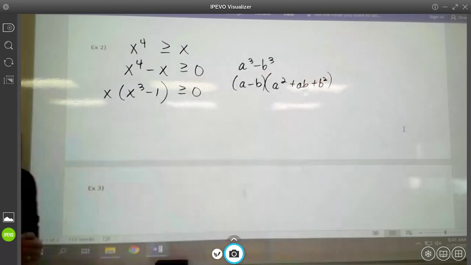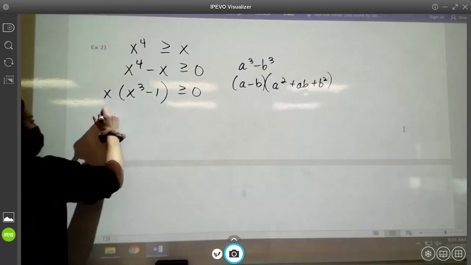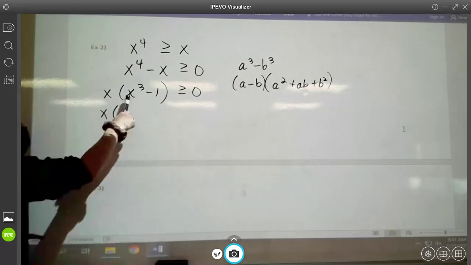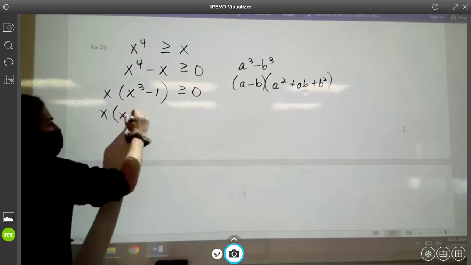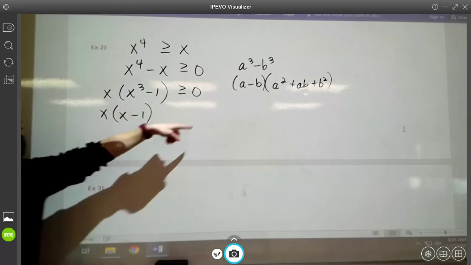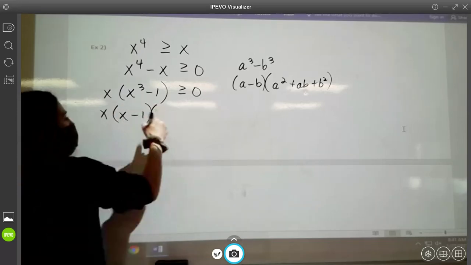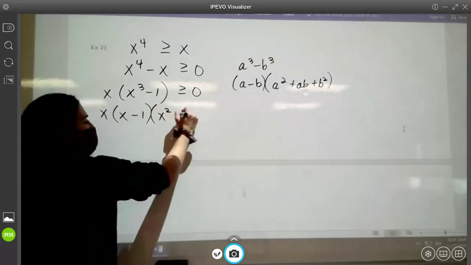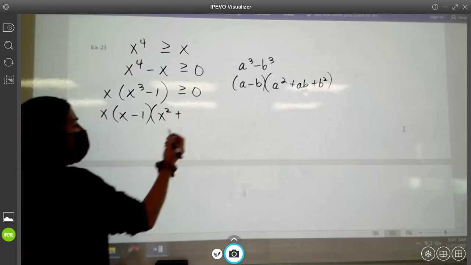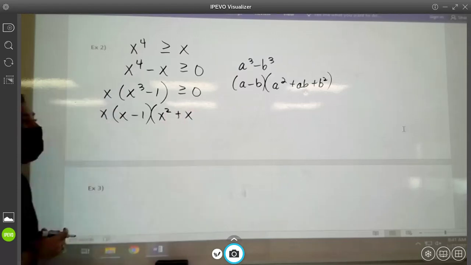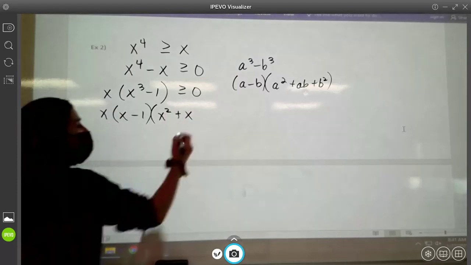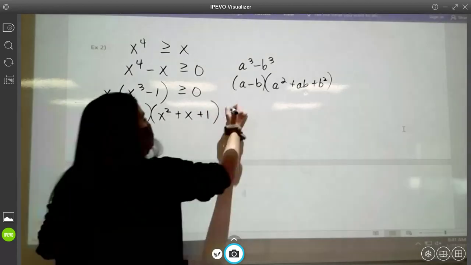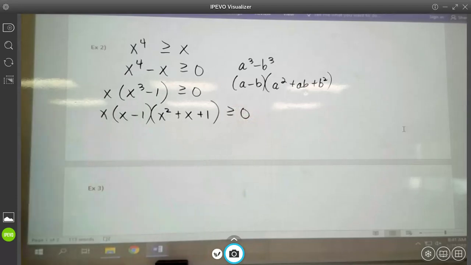Sign was the opposite. All right, so x times a minus b. Well, the cube root of each one of them is x and 1. So that's the a minus b part. And then a squared would be x squared. Opposite sign, a times b is x times 1, which is x. And then b squared is 1 squared, which is 1. Plus 1. And then again, greater than or equal to 0 still.